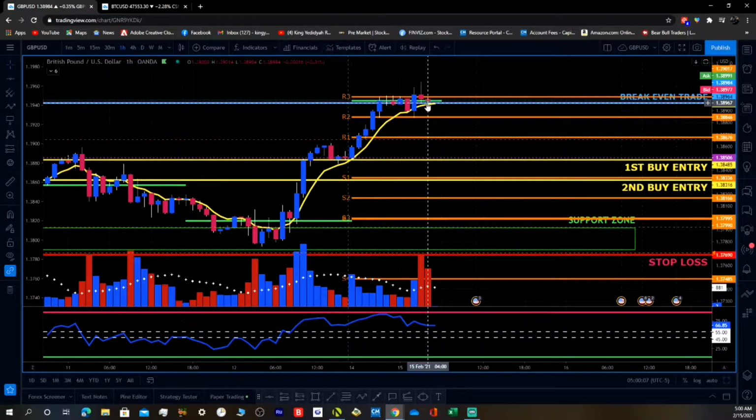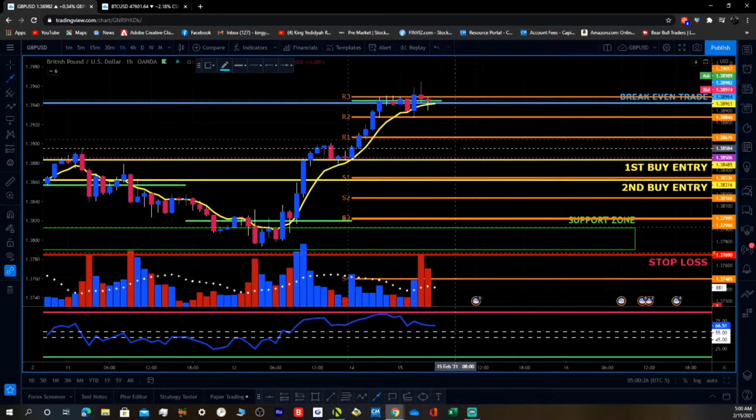Oh yeah, they call this a hanging man candle. When you get these hammer candles at the top of a trend, they call it a hanging man. So both of these are indicators of a pullback. So this is what I was expecting. If you look at my previous video, you can see I was explaining this, right?